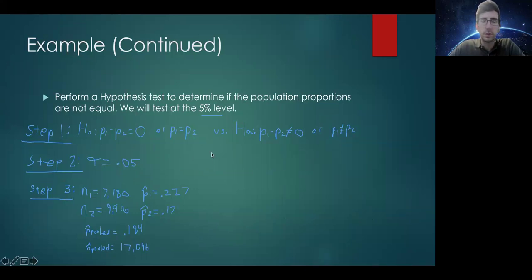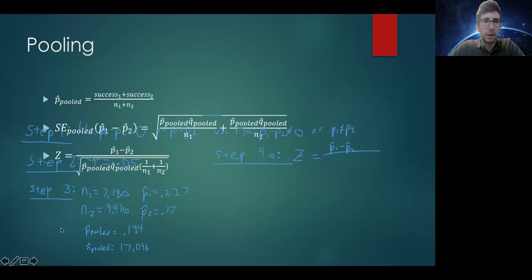Okay, so I'm going to come over here. We can start step 4A, right? Step 4 has two parts. We need to calculate our test statistic. And this is a little bit different. We have P1 hat minus P2 hat in the numerator. And just so that I don't get it wrong, let's go back a few slides.